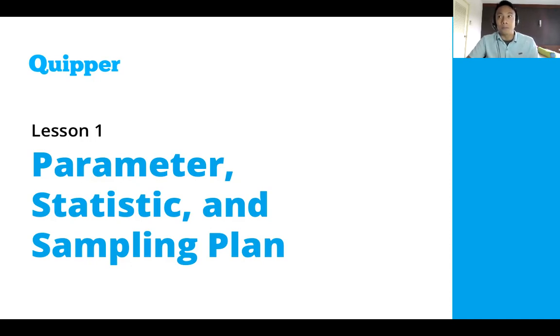This is normally involved in quantitative research. Although one or two words here are also involved in qualitative, most of the time this will be in quantitative. Okay, let's start.